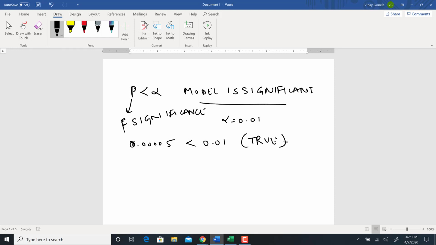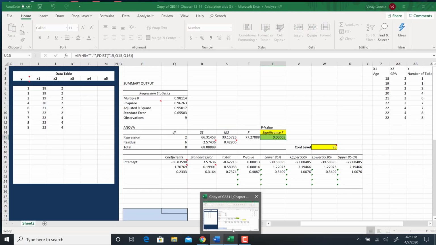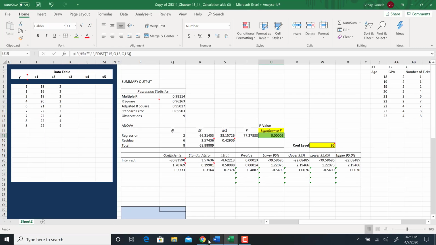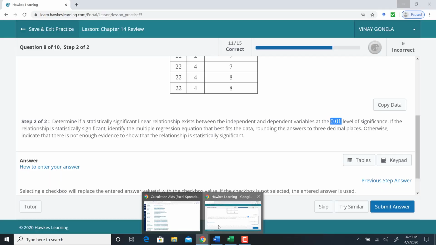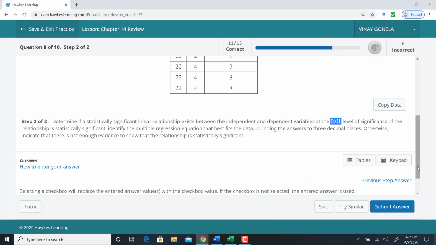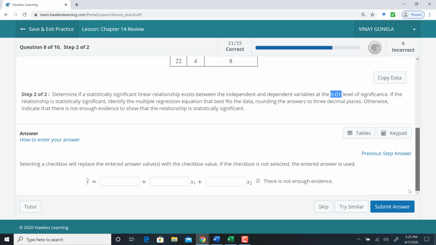That means our model is significant. If the model is significant, you have to type in the equation. That is what they are saying. What would be your equation?